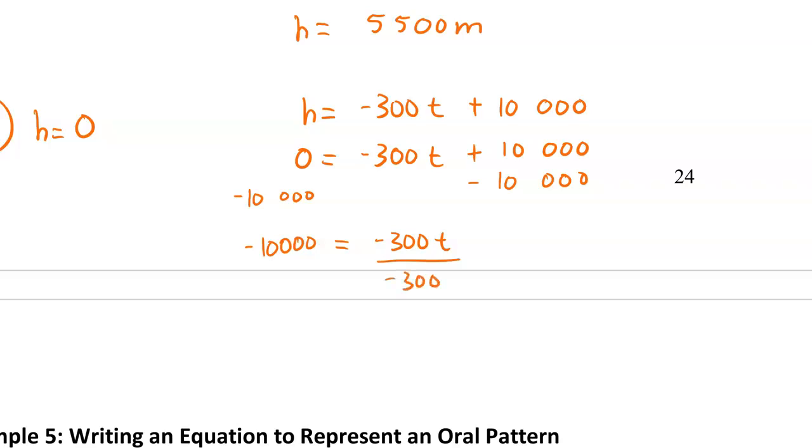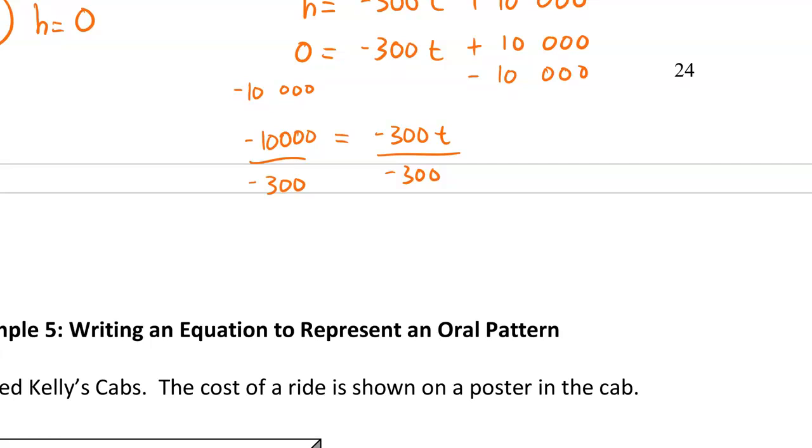So divide by negative 300. And negative 10,000 divided by negative 300 is going to end up equaling 33.3 minutes. So this is going to be our final answer for how long it's going to take to get to the ground.